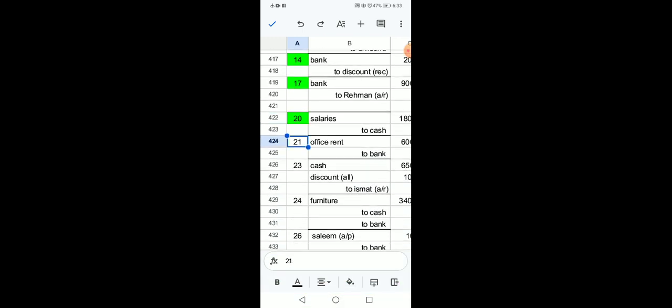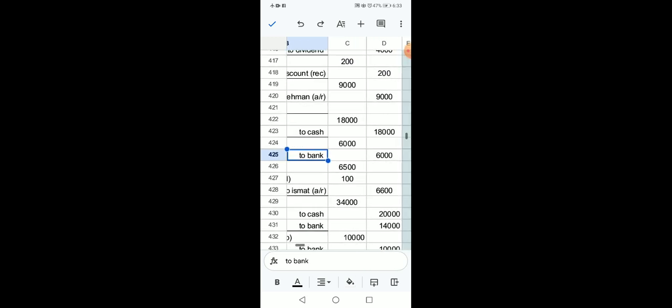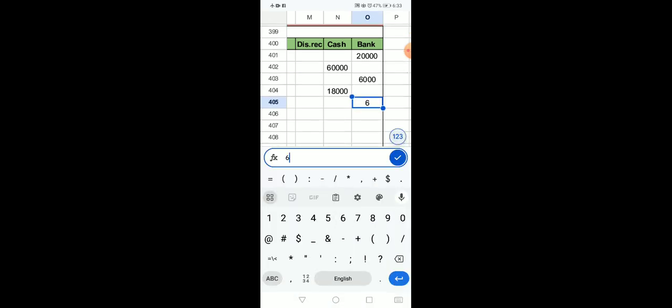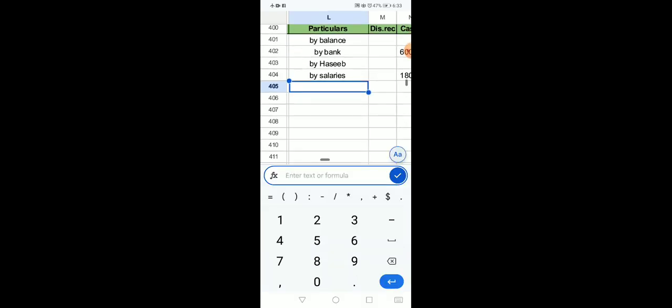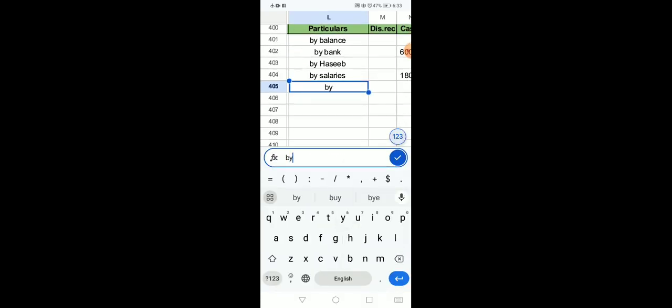Now entry number 21, we have two elements, but we are associated with only one element, which is bank, and bank is credited with 6,000. Go to the credit side of the bank and write 6,000 on credit column of the bank. See its reference. The reference is office rent. So you will be writing office rent in the particular column with an additional word by.